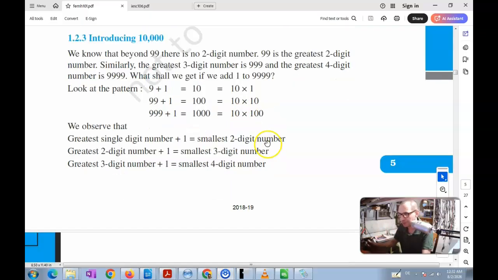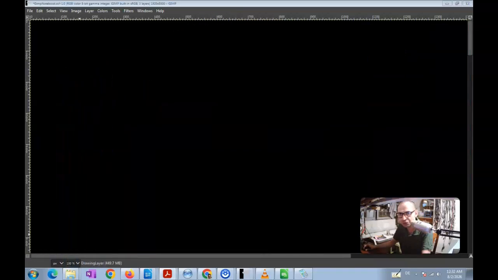Okay. Now the next section is introducing 10,000, which gives you some interesting insights into numbers, into the decimal number system, and we are going to discuss that. Now, in the decimal number system, you have the one-digit numbers, two-digit numbers, three-digit numbers, four-digit numbers, and so on.